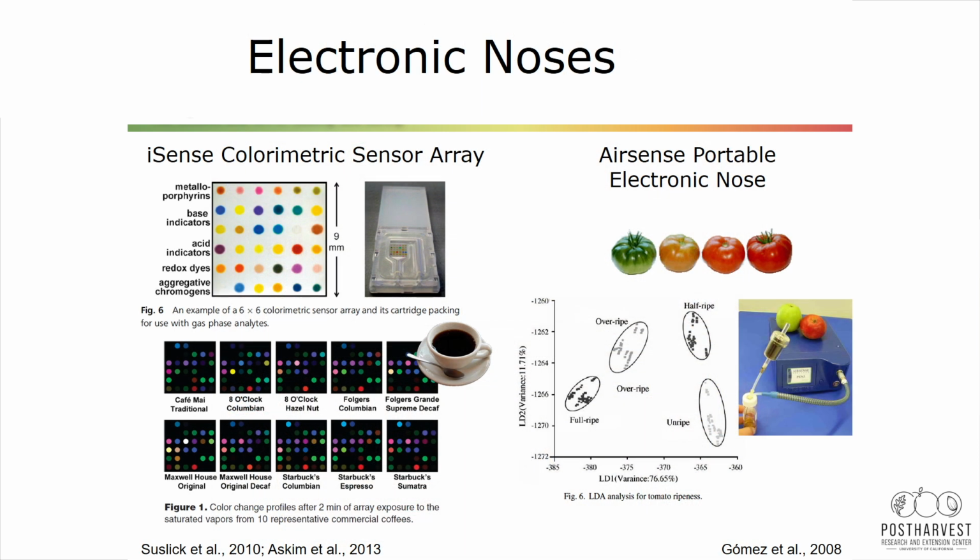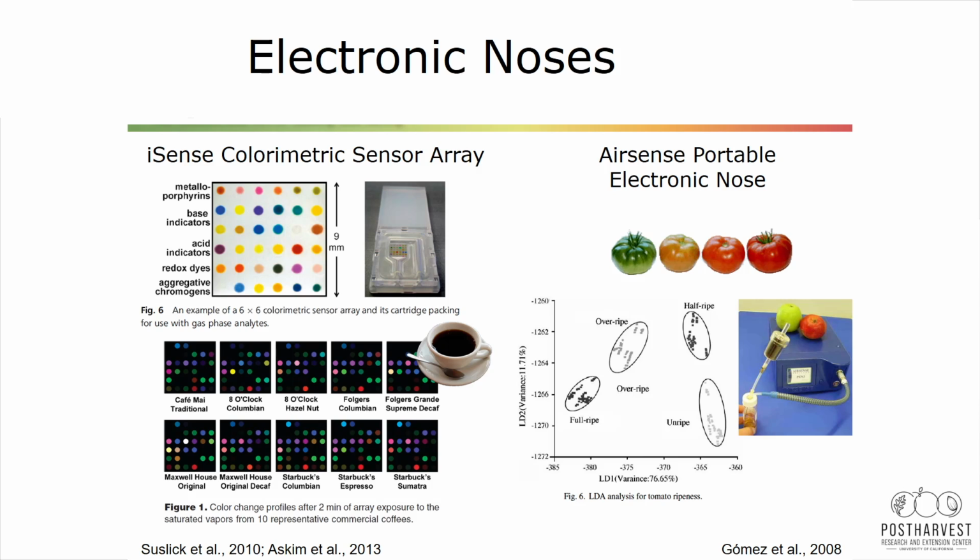So I'll show you a couple of examples of electronic noses that have been developed. There are quite a few out there that, again, can do a reasonable job at grouping things, right? So this one is an example of an electronic nose that's able to group tomatoes by ripeness stage. So it's doing a pretty good job. This one is a color-based sensor array that binds different volatiles.